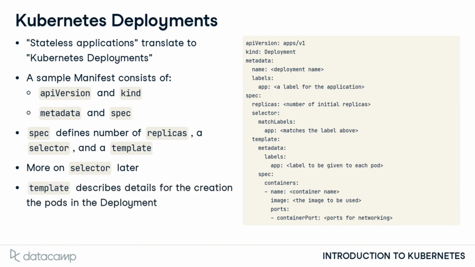Finally, template defines how new pods are created. If Kubernetes decides to create a new pod for the deployment, it uses the defined template to add labels, create containers with respective name, Docker image, and other details like network ports for communication.